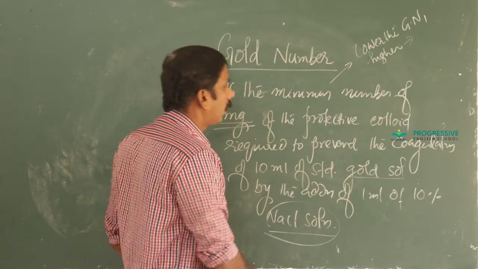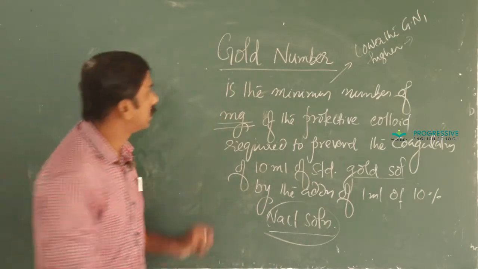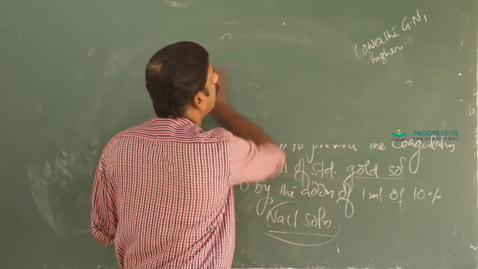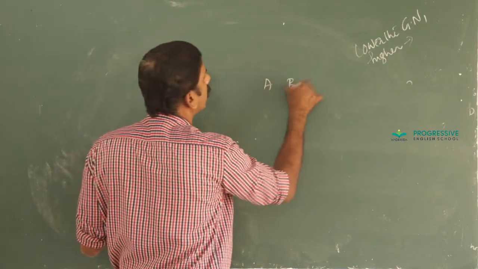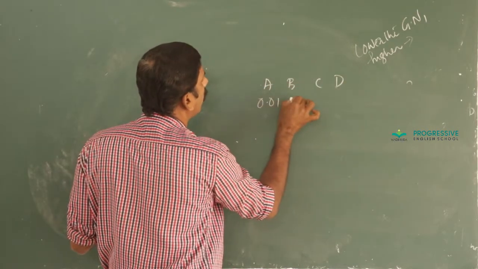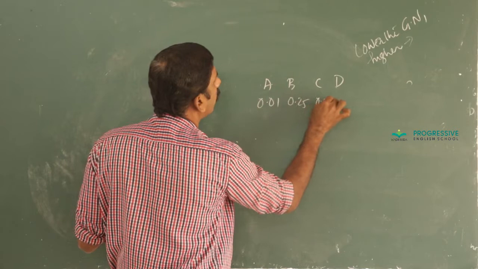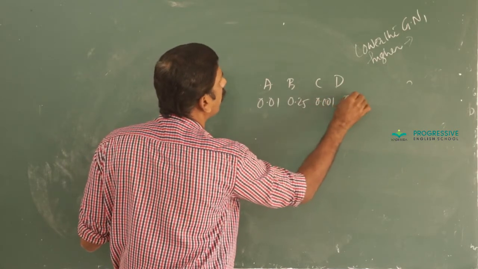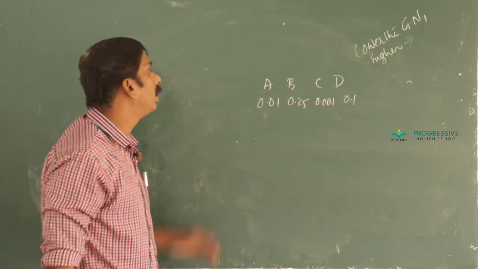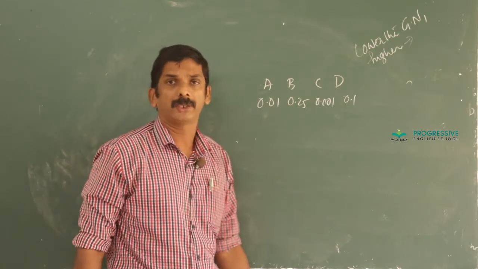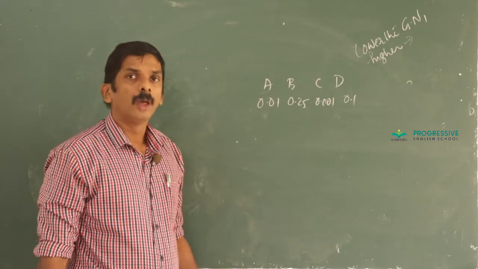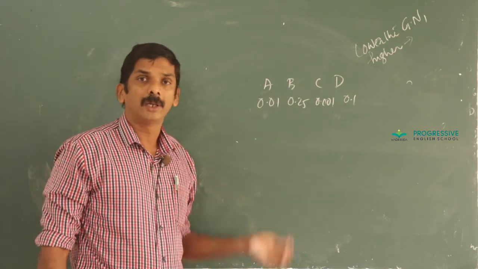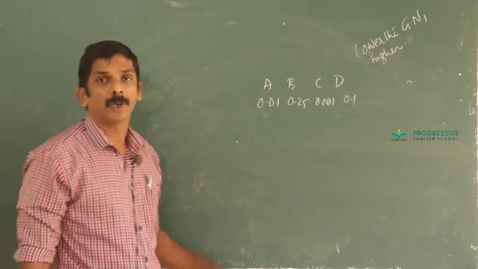Suppose there are multiple choice questions in the form: the gold numbers of 4 protective colloids, namely A, B, C, D, are 0.01, 0.25, 0.001 and 0.1. Arrange them in the increasing order of the protective action. Here the gold numbers of 4 protective colloids are given, and you have to arrange them in the increasing order of their protective action.